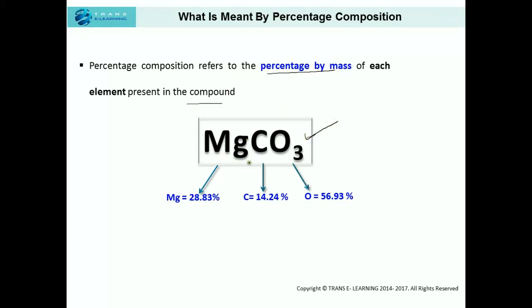So in this magnesium carbonate, the percentage by mass of magnesium is 28.83%, carbon is 14.24%, whereas oxygen is the maximum, that is 56.93%. Basically, it is the percentage by mass of each element present in the compound, and we will be using this percentage composition to find the empirical formula using the percentage composition method.